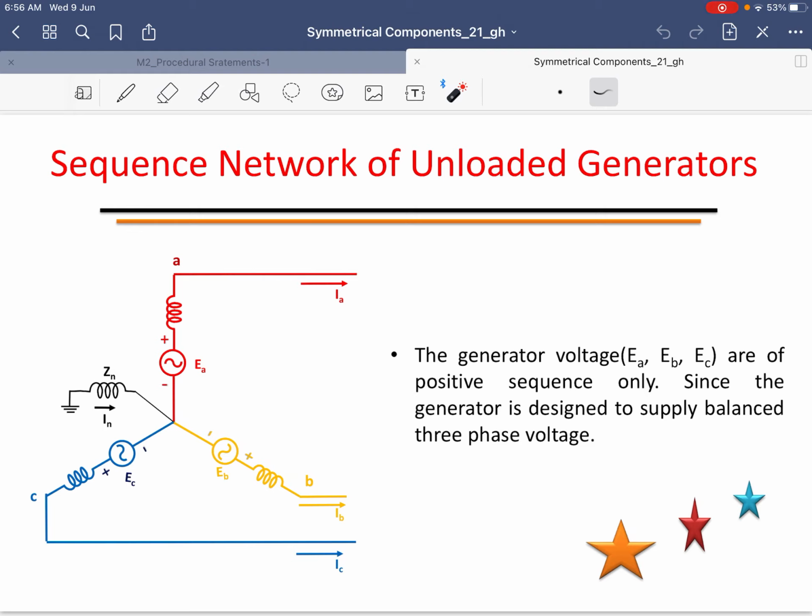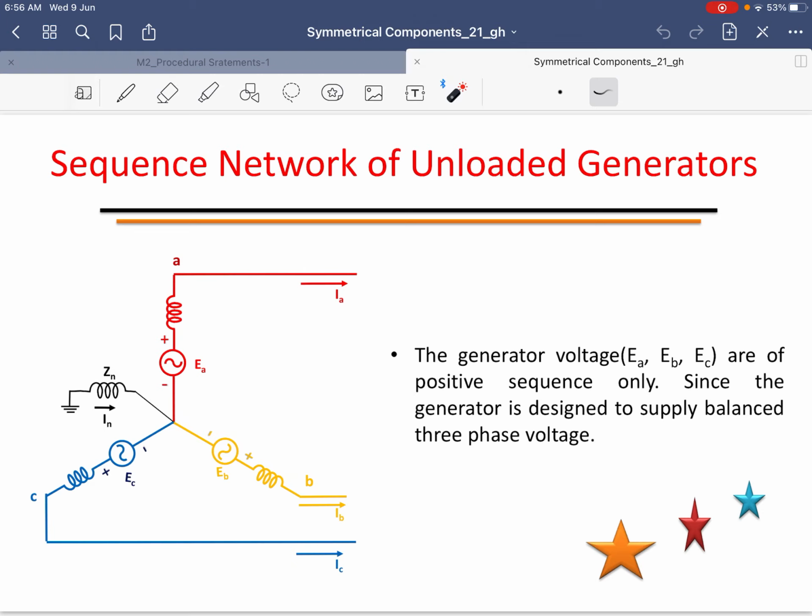Drawing the sequence network is simple for a generator because the generator voltages are of positive sequence only, since the generator is designed to supply balanced three-phase voltage. That is, the generator voltages EA, EB, EC are of positive sequence only. As I told you, it is an active element in the power system.